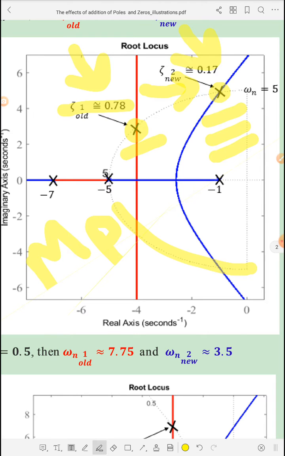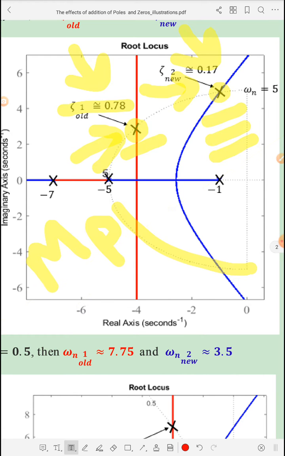And this is the major drawback: the relative stability of the new system will be less than the relative stability of the old system, because the overshoot has increased, and also the new location of the roots is closer to the j omega axis than the old values of the roots.